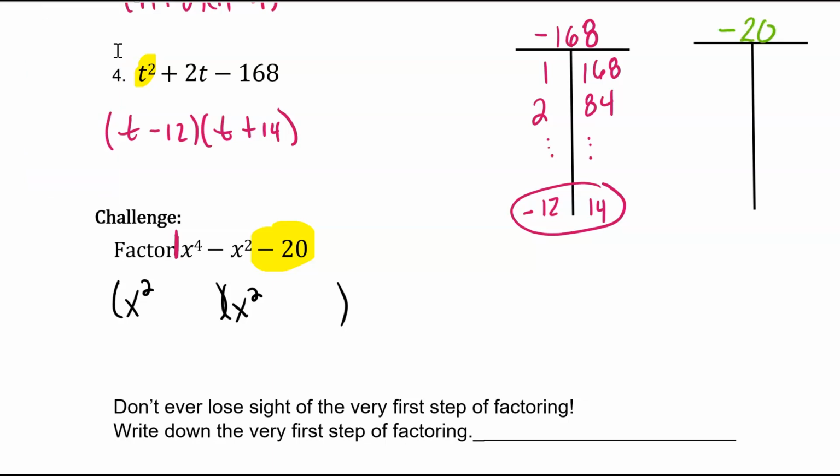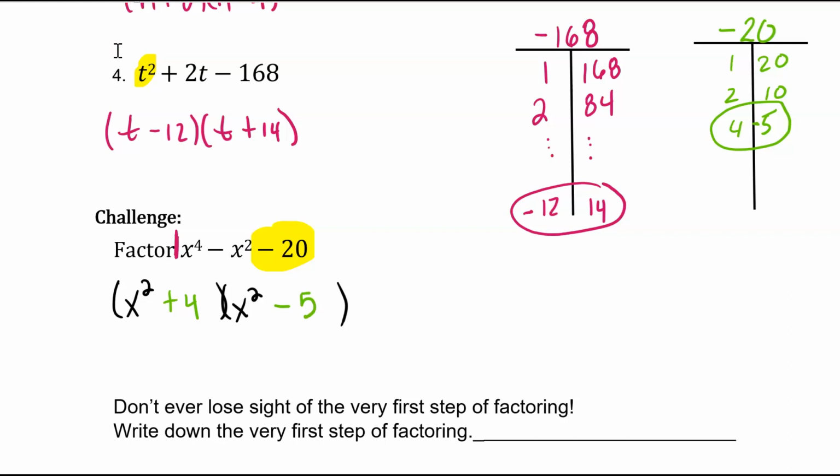Let's only concern ourselves with the factors of +20 first. 1, 20, 2 and 10, 4 and 5. Now what will work? What will work is a -5 and a +4. So we have x squared plus 4 times x squared minus 5.